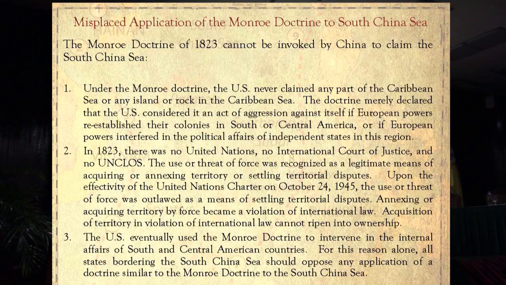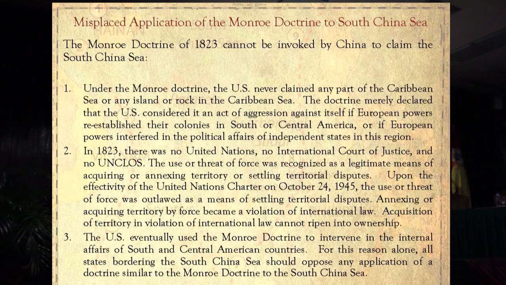The doctrine merely declared that the U.S. considered it an act of aggression against itself if European powers re-established their colonies in South or Central America, or if European powers interfered in the political affairs of independent states of the region. That was the Monroe Doctrine. The U.S. never claimed the sea, never claimed the Caribbean Sea, never claimed an island or a rock.